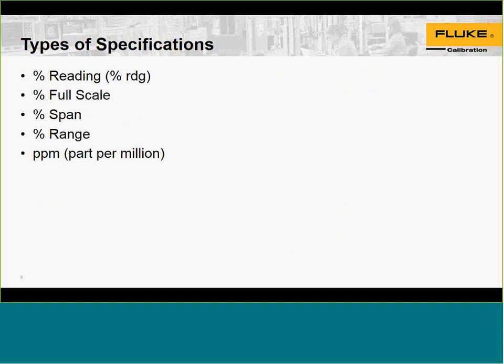Specifications can take on multiple different forms, and they can be combined with each other. So it's important to realize the type of specification and how it's applied to your instrument. Pressure controller specifications are typically in percentages: percent of reading specification, percent of scale specification, percent of span, percent of range, and commonly parts per million.